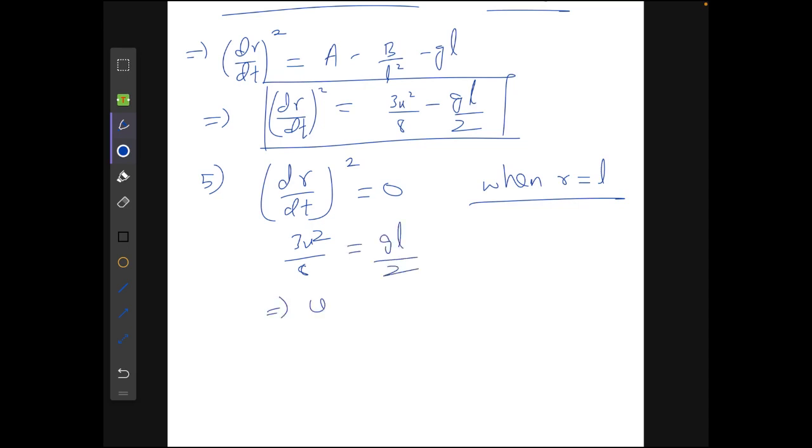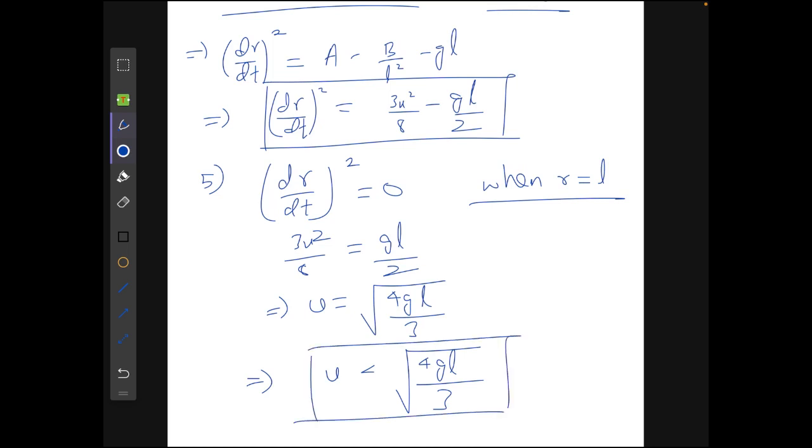So u equals root of 4gL by 3. Now this is the case when it is just about to pass through the hole, and so the velocity should be less than this so that it doesn't pass through the hole. So u is less than root of 4gL by 3. This is the condition that the ball doesn't pass through the hole. Thank you.